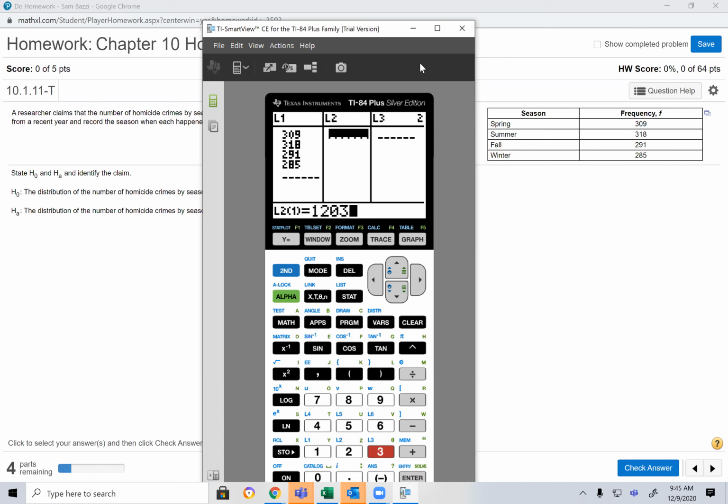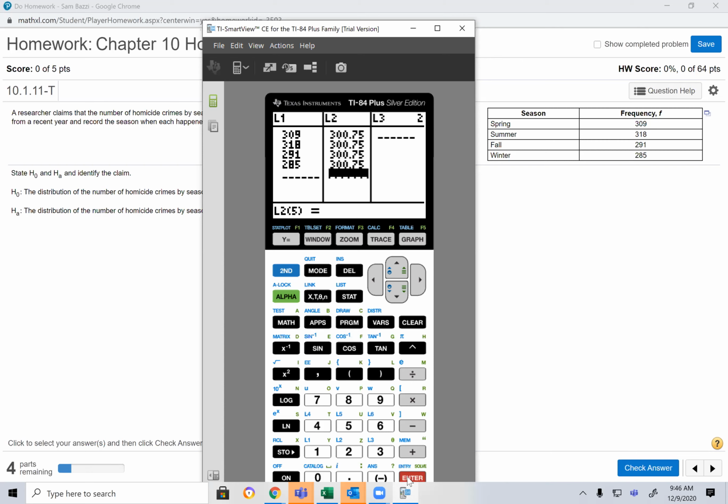Yeah, 1203 divided by 4. You can put 300.75, same value, and 300.75.